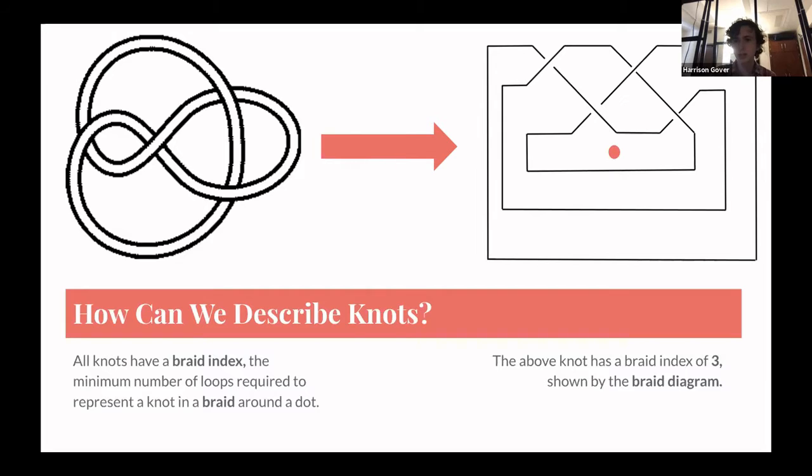Each braid diagram has this little braid at the top, and the braid at the top is essentially what makes the knot the knot. The braid index uses the braid diagram as the minimum number of loops. So you can see here that this knot turns into a braid, and the braid diagram has 3 loops outside of it, and that makes the braid index 3.